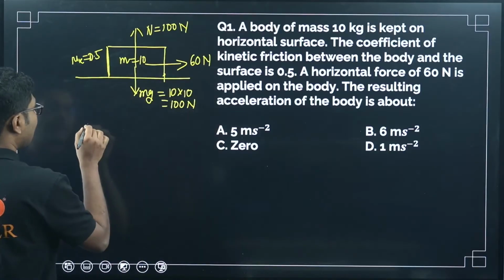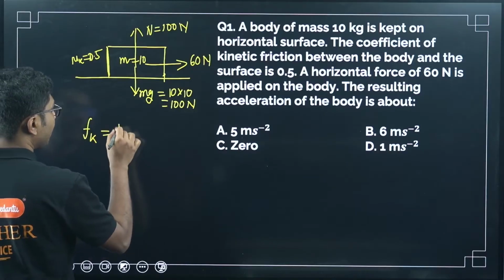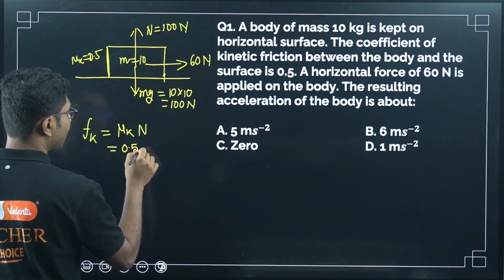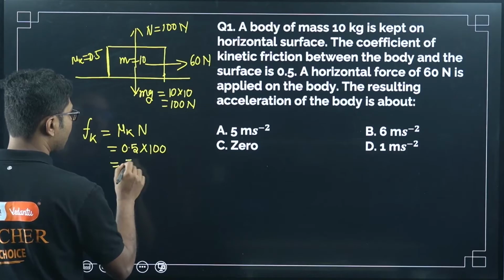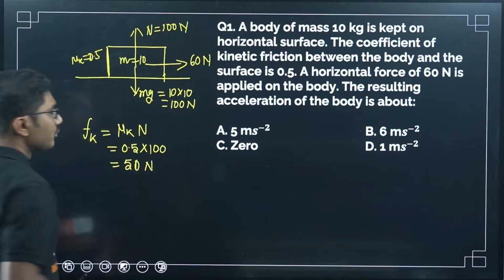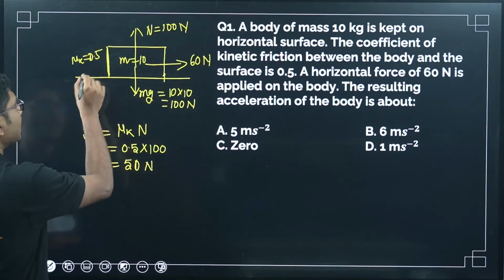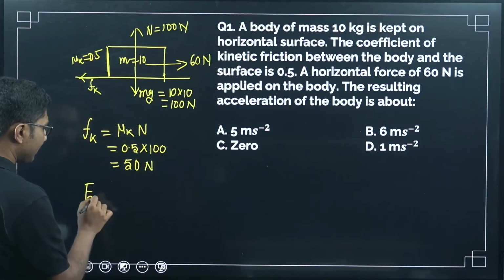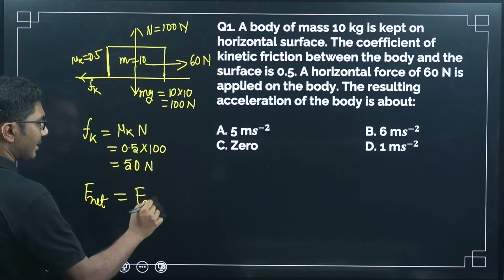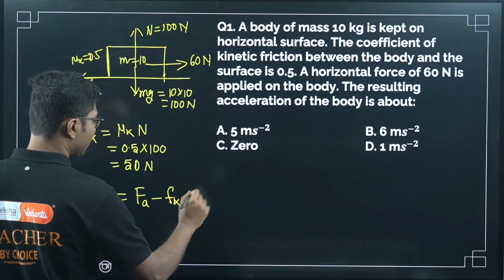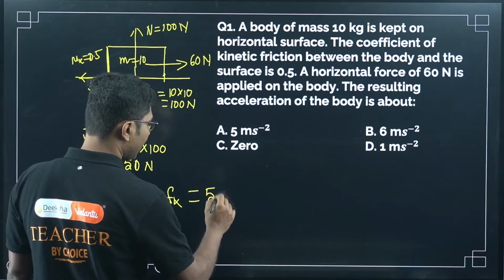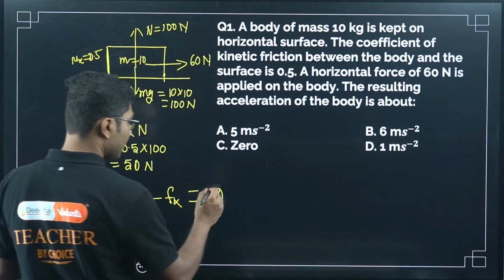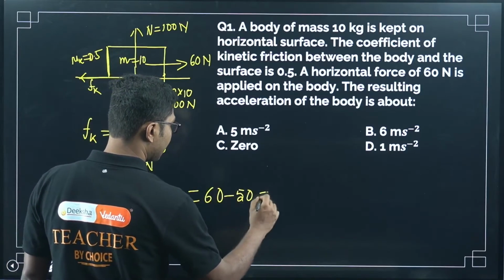So what is the kinetic frictional force? mu k times N, that is equal to 0.5 times 100, that is 50 Newton. The applied horizontal force is 60 Newton, the frictional force is 50 Newton. So what is the net force? The net force is the force applied minus the force of friction, that is 60 minus 50, which is equal to 10 Newton.